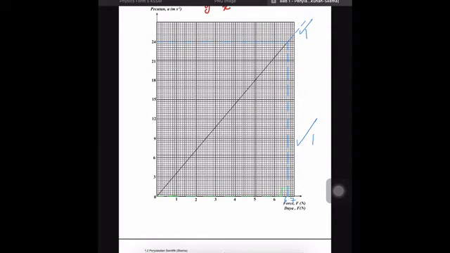So here is 24, here is 0, then here is 6.7, here is 0.